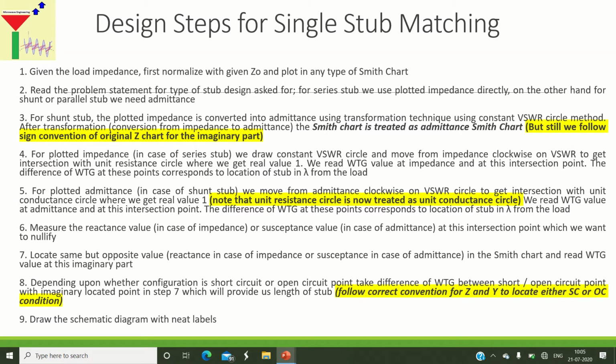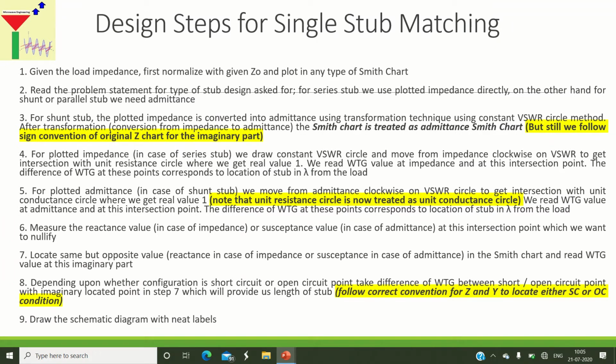In both situations, at the intersection point with the unit resistance circle or unit conductance circle, the real value will be 1 with a certain imaginary value, right? So we will note down the value of WTG at this intersection point.